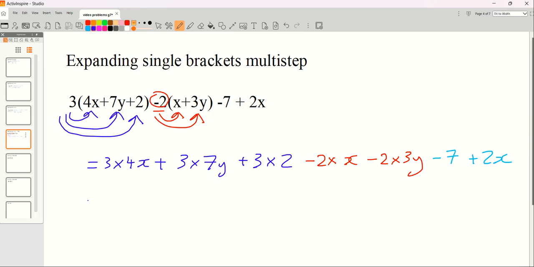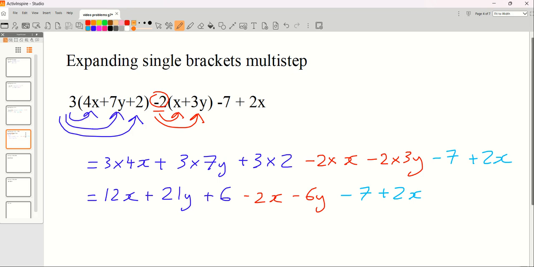So this is going to start with giving us 3 times 4x is 12x, 3 times 7y is 21y, 3 times 2 is 6. For the next part, minus 2 times x is just minus 2x, and minus 2 times 3y is minus 6y. And then we just write the rest of it, minus 7 plus 2x.